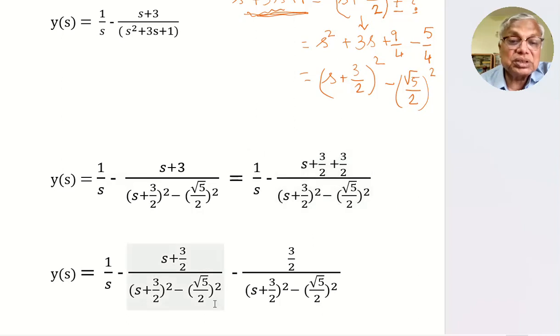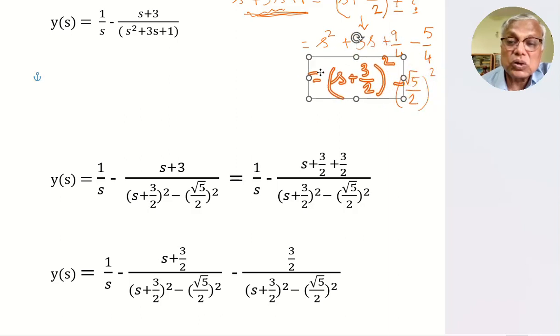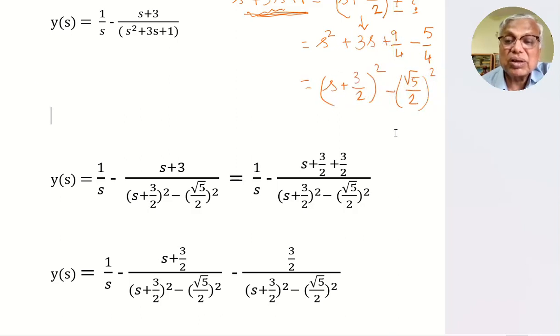Instead of this, 1 by s as such, and s square plus 3s plus 1 is written as s plus 3 by 2 whole square minus this term. I have written s square plus 3s plus 1 as the difference of these two squares.